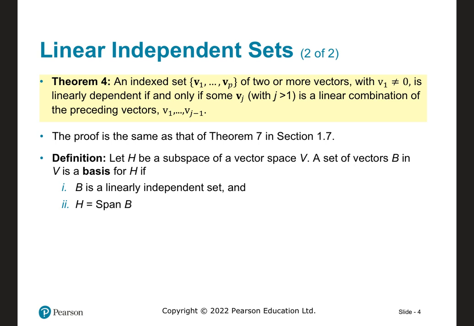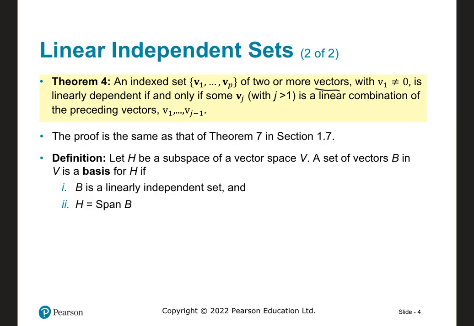Then we have this theorem, okay? An indexed set of p vectors, V1 up to Vp, from some vector space. So V1 up to Vp may be those vectors in Rn, or polynomials, or some matrices, or some sequences.